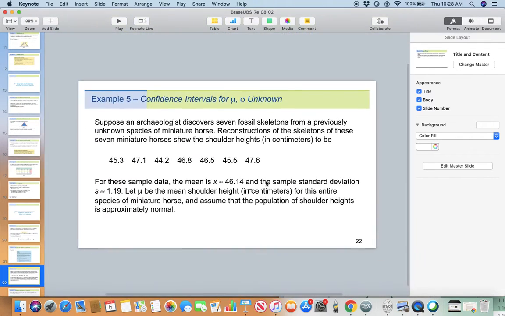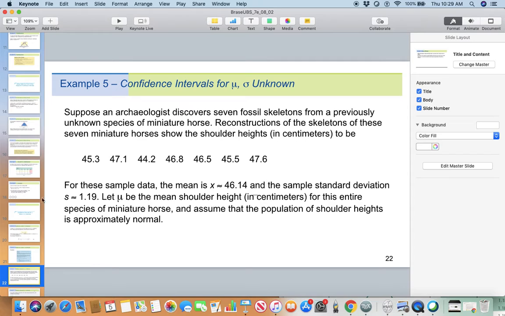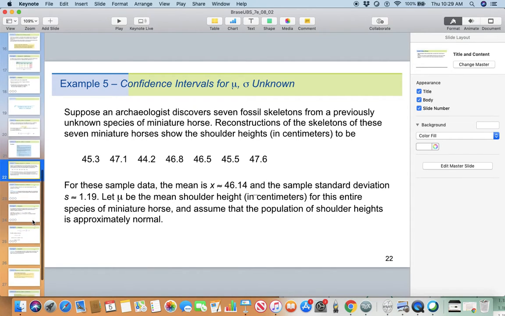Okay, so here is an example. Suppose an archaeologist discovers 7 fossil skeletons. Reconstruction of the skeletons gives shoulder heights in centimeters to be these 7 numbers: 1, 2, 3, 4, 5, 6, 7. You know how to find the mean.